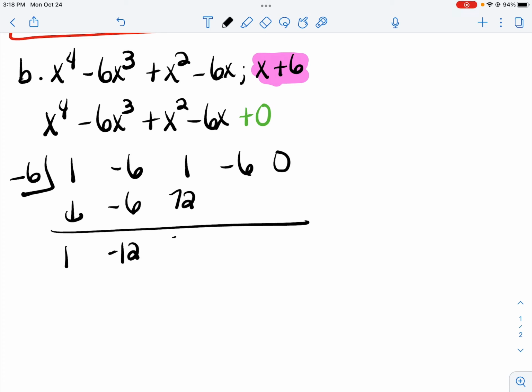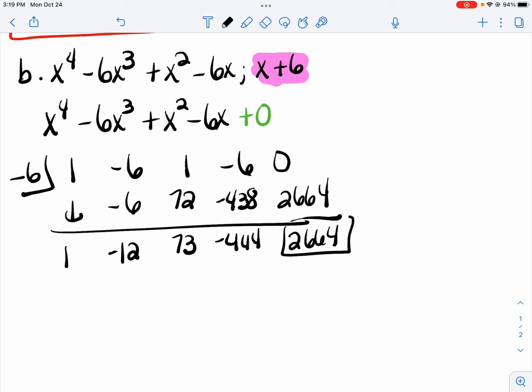Add that to the next column. 1 plus 72 is 73. 73 times negative 6 is negative 438, plus negative 6 is negative 444, and we multiply negative 444 by negative 6, gives us 2,664. Add that to 0 and we get 2,664.